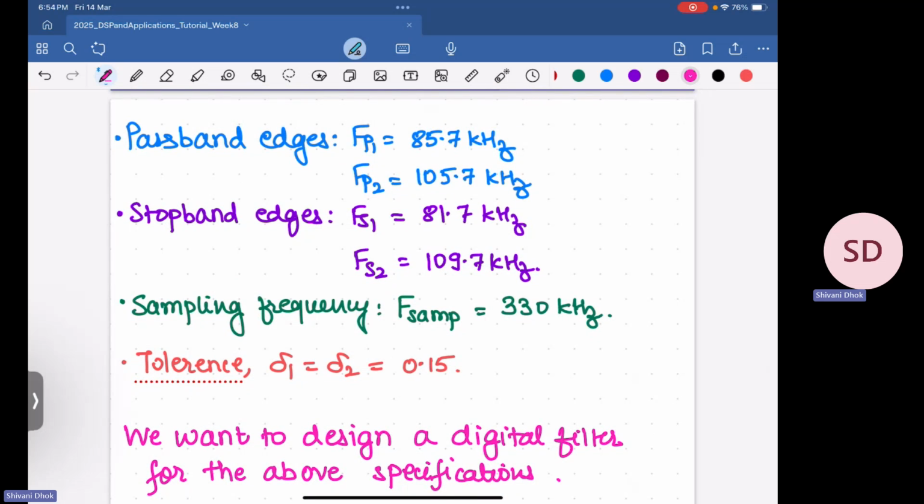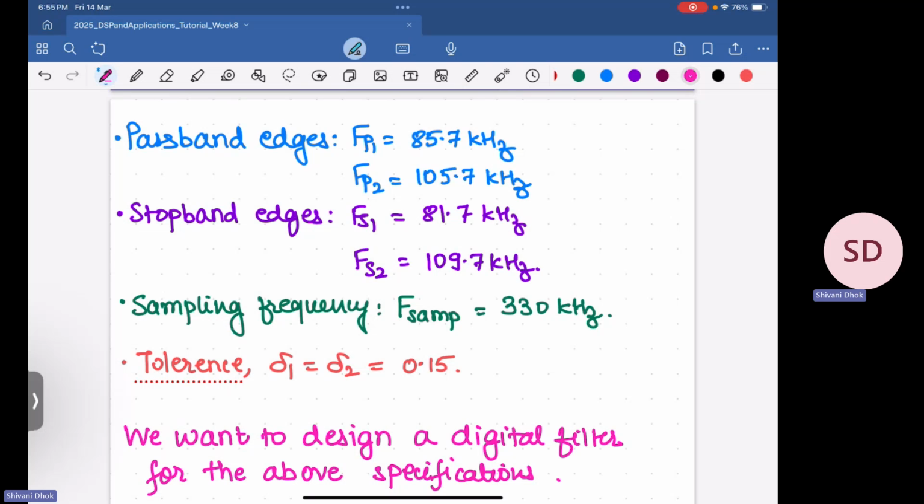Till this point, any questions? This is the preparation of specifications, what we require for our design and what is given to us.